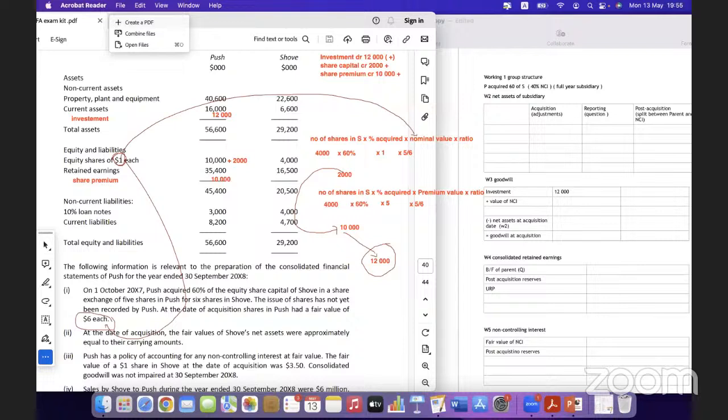Right, little bit check and see, guys. Are you okay with this part, with what I have done so far? Any doubts, please ask me.